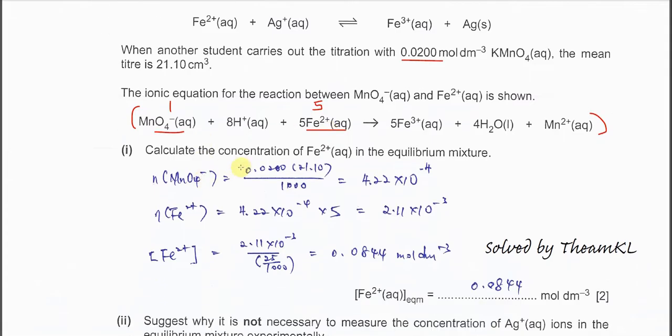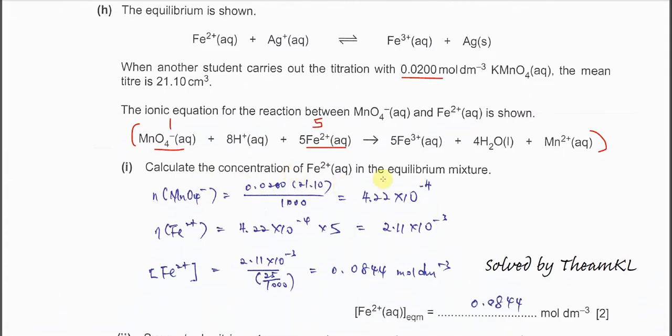Part 1, calculate the concentration of Fe2+ in the equilibrium mixture. First we need to calculate the moles of the MnO4 negative. From the titration we know that it's 21.1, so MV over 1000: concentration 0.02 times the volume over 1000, we get this mole. The moles of the permanganate ion is this.